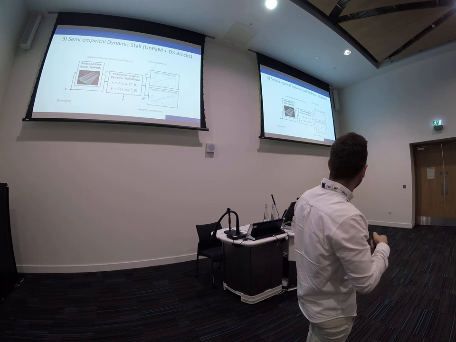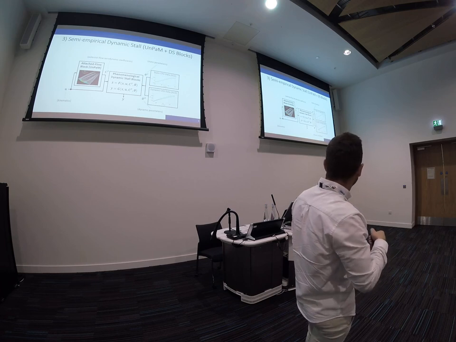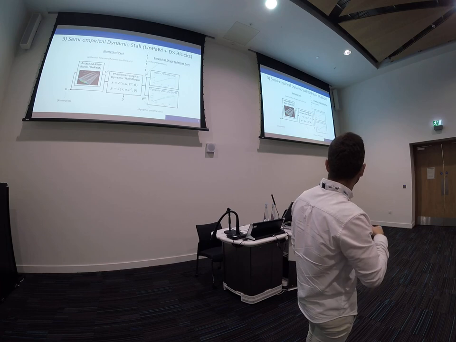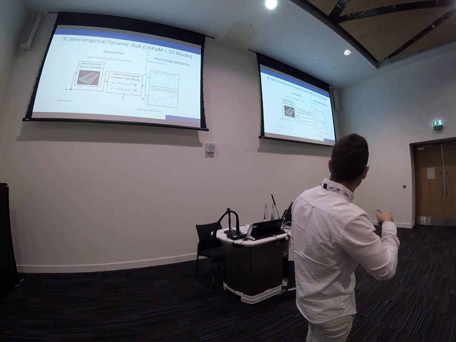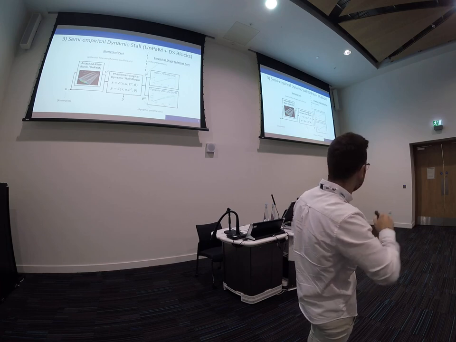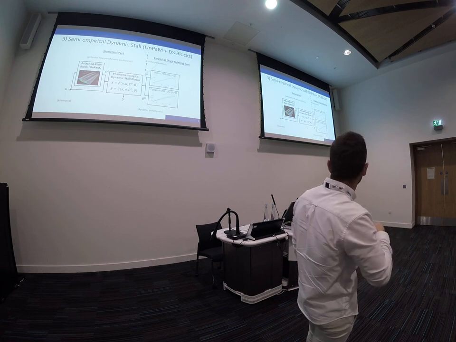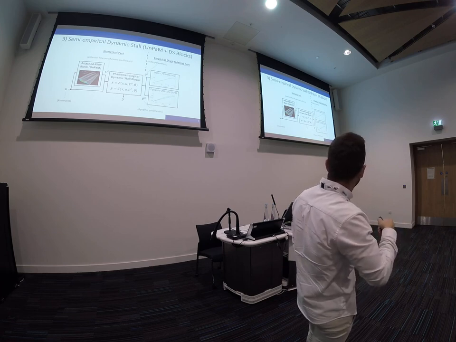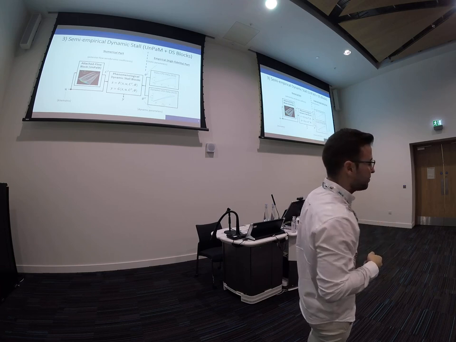So we are feeding the semi-empirical method with this high fidelity data with a set of static and dynamic parameters. So this is what I'm saying here. This is the numerical part of the method, which is a little bit more costly, only a little bit, than UNPAM, but it uses high fidelity information from the CFD.